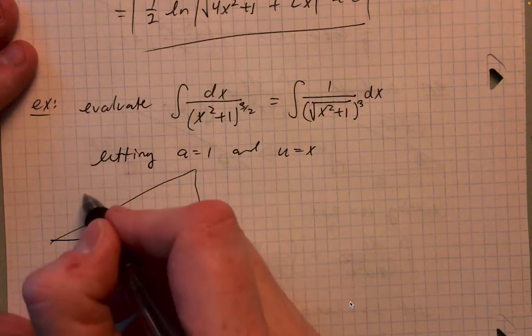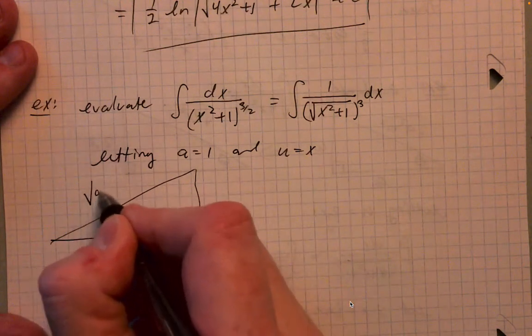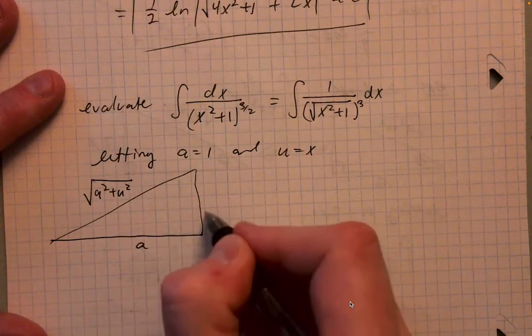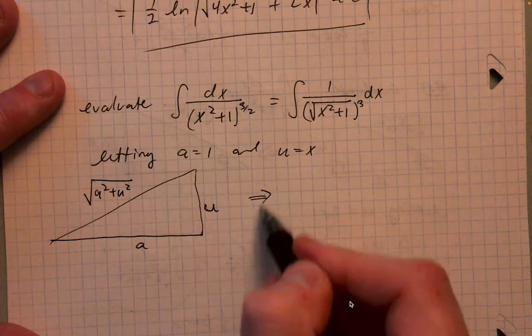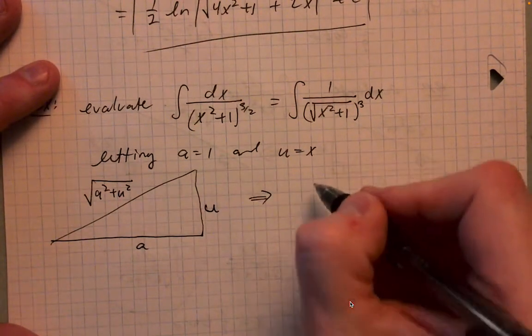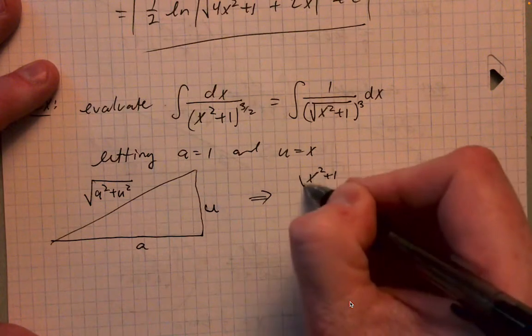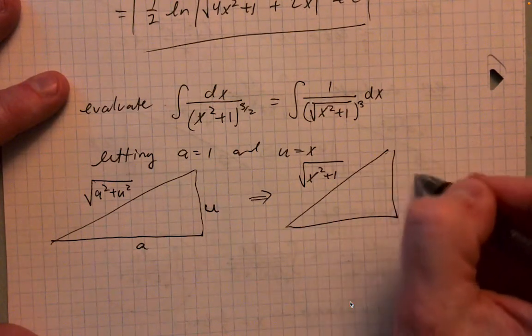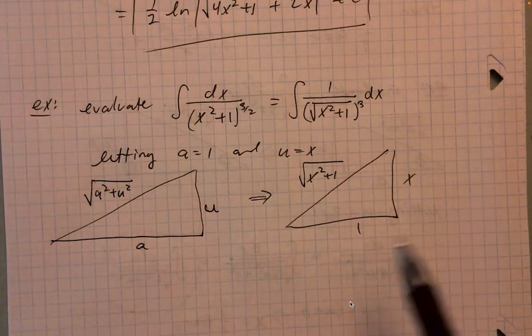This is the basic form: a squared plus u squared over here, and then of course a and u there. And so our substitution is going to look like this. We'll have the square root of x squared plus 1 over here, and then over here we'll have x and 1. All right, this is the a, that's the u.